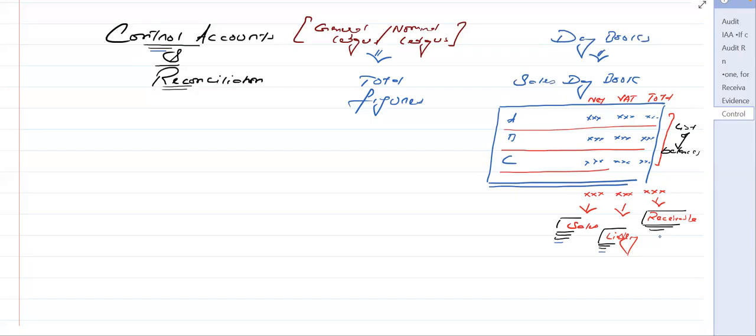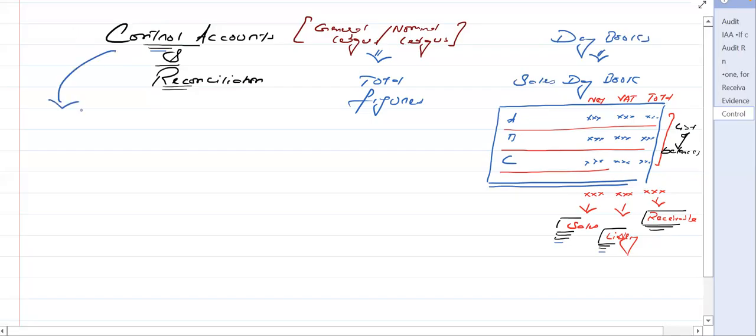And yes, you have the list of balances as well, because when you total the list of balances, the total should be equal to the balance we have within the control account in the general ledger. So a control account, as the name suggests, is basically an arithmetical control.